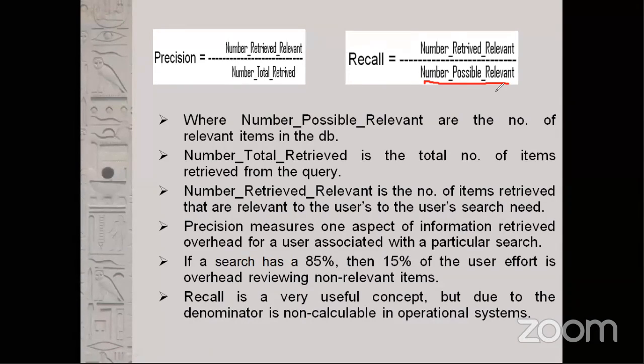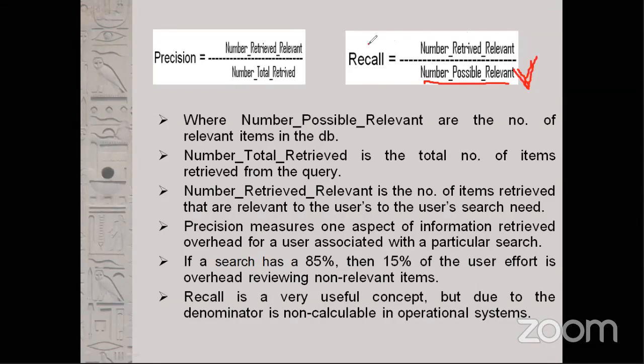But if I have 2000 records, or 1 lakh records, then I cannot estimate this denominator value. It is not calculable. It is somewhat difficult to calculate.